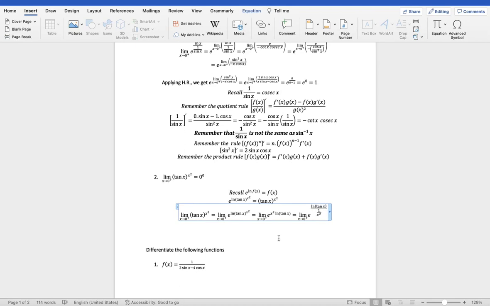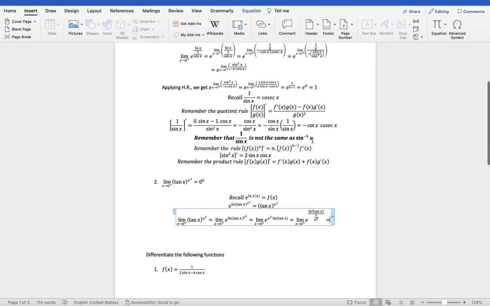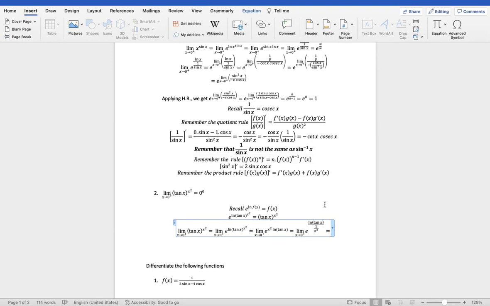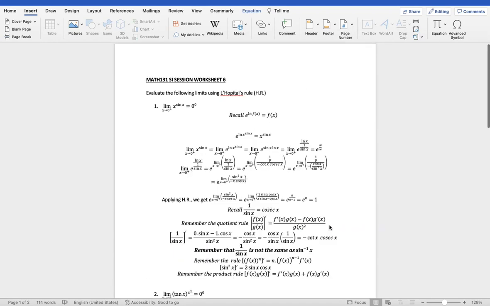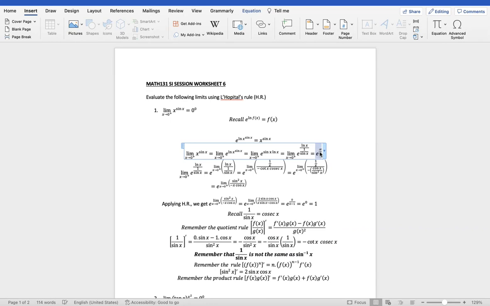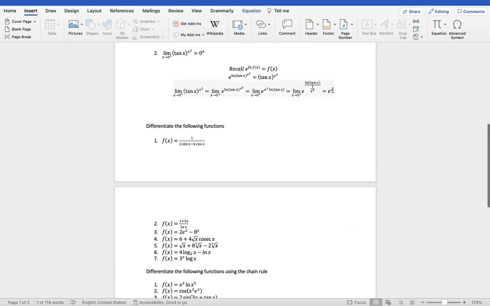And now if you substitute in the value of x, you will see that you have infinity over infinity, which is one of the cases where we can apply L'Hopital's rule, right? So that tells us that we can apply L'Hopital's rule, okay? And so let's do that.